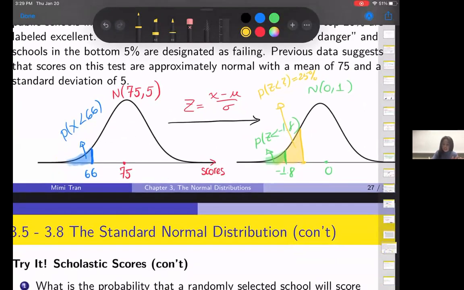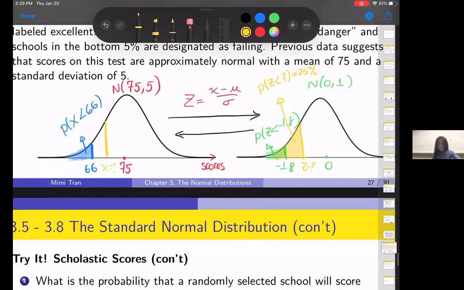Once I get Z, I can figure out what the score is over here. I can reverse engineer. Remember, you can go back and forth between the raw curve and the standardized curve, and then find out the score. What is X here?